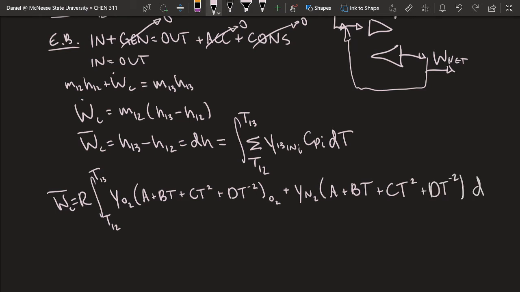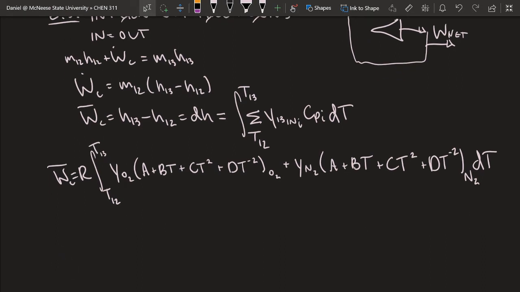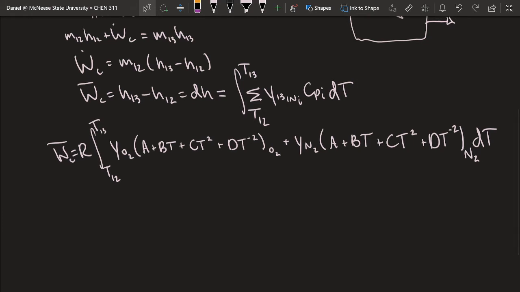All right, just like what we were doing before, whenever we found the outlet temperature for state 3. Except now this is what work is equal to, instead of it being equal to 0.